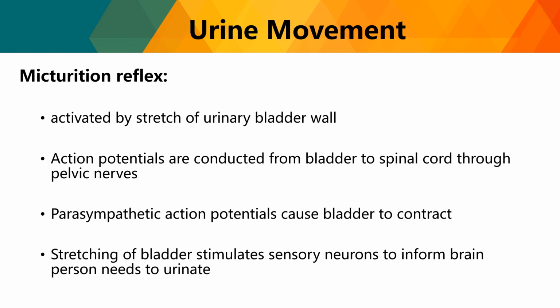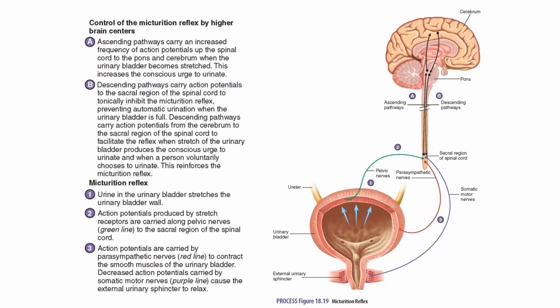It is activated by the stretch of your urinary bladder wall, and action potentials are conducted from the bladder to the spinal cord through your pelvic nerves. So there are parasympathetic action potentials that cause the bladder to contract, and stretching of the bladder stimulates sensory neurons to inform the brain of the person needing to urinate.